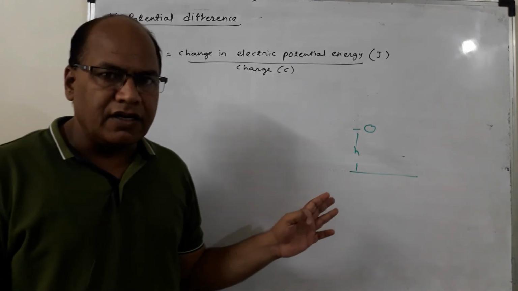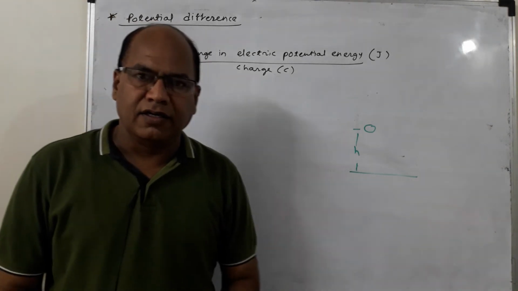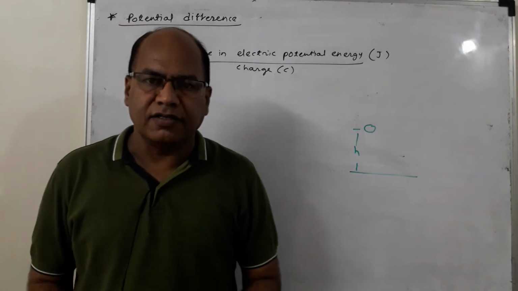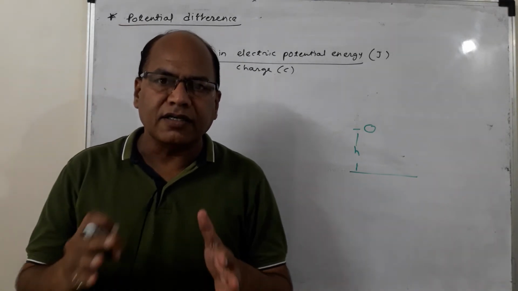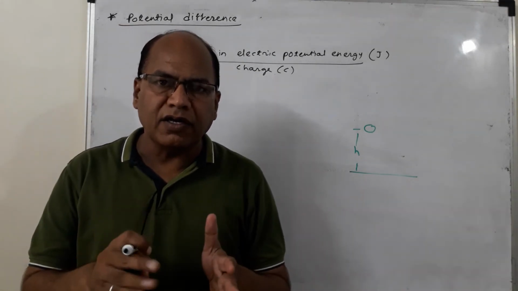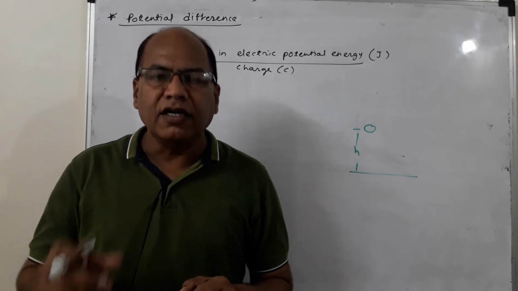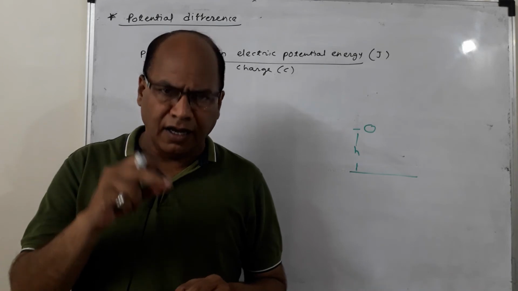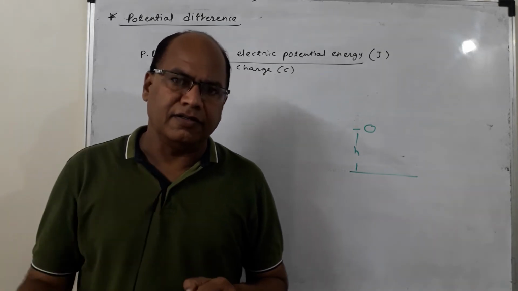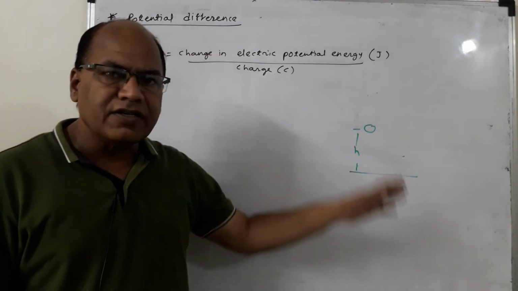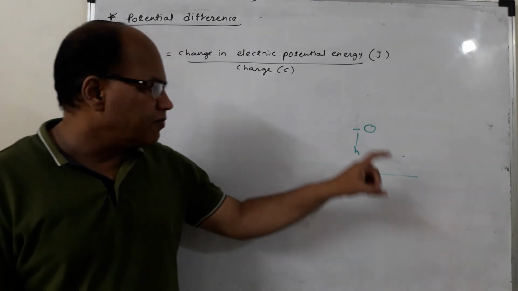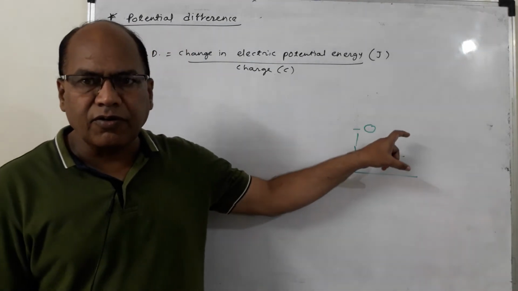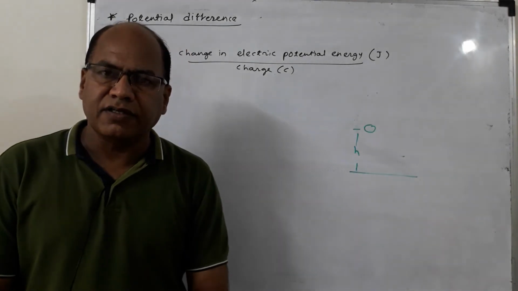Now similarly, in any circuit, if we consider a unit charge at a certain point in an electric circuit, it possesses an energy which is called electrical potential energy, just like the gravitational potential energy, which is a function of the position of the object above the earth's surface.